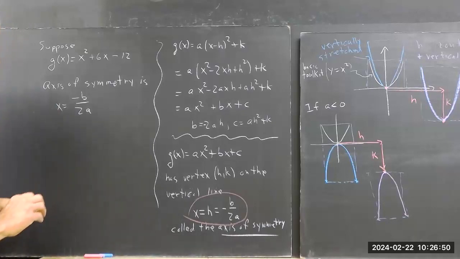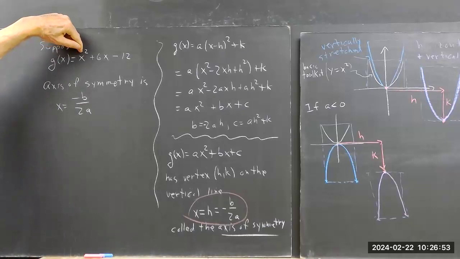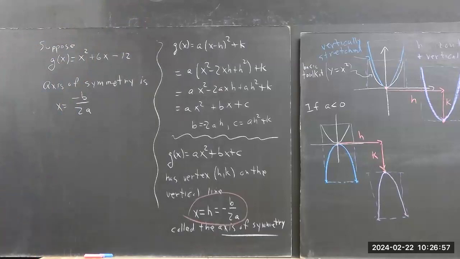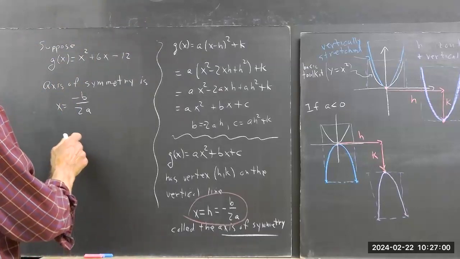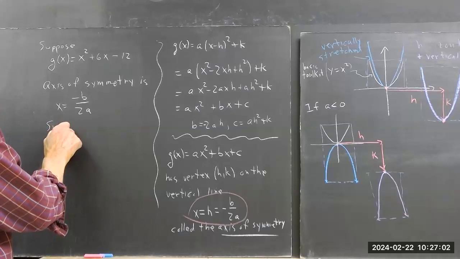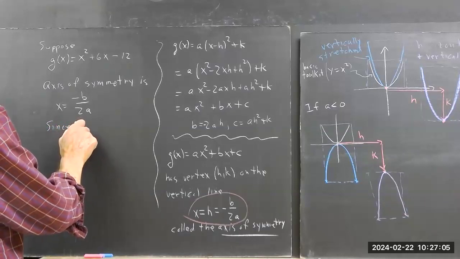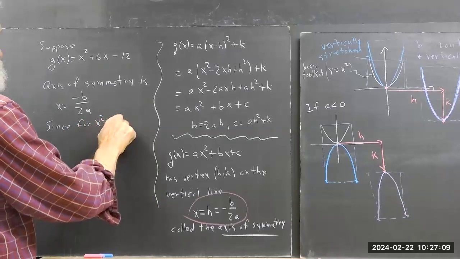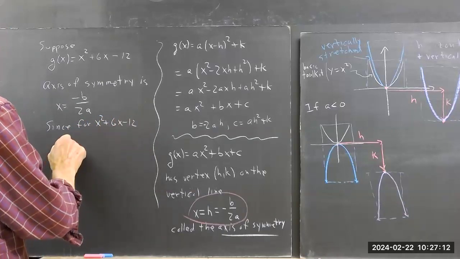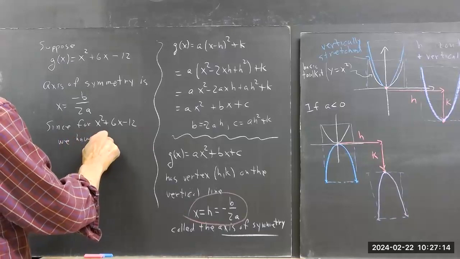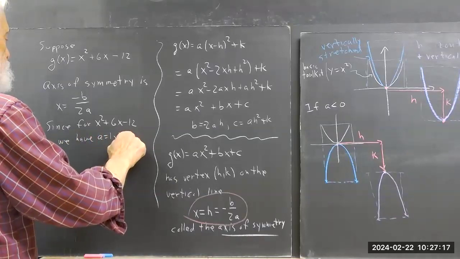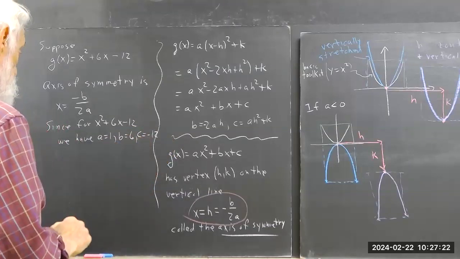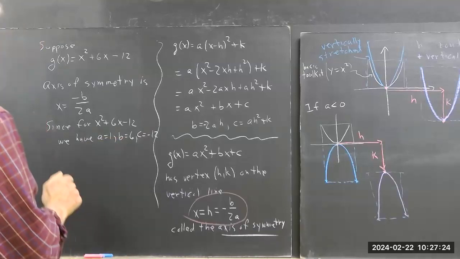Okay, well, a, b, and c. a is the coefficient of x squared, b is the coefficient of x, c is a number that doesn't have an x in it. We don't need c at this point.